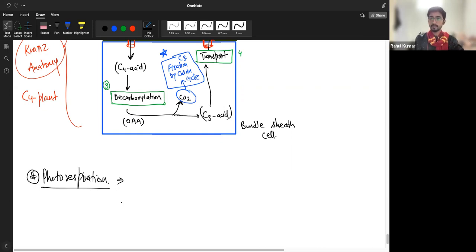It cannot bind to oxygen in this context. Okay. This decreases the CO2 fixation in C3 plants.